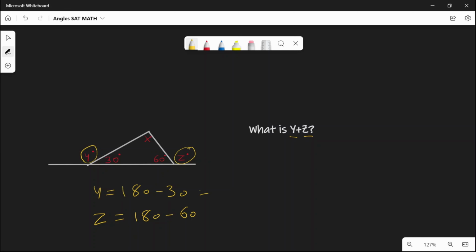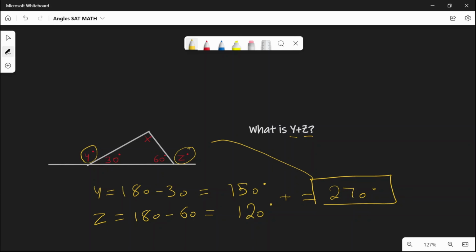So the value of angle y is equal to 150 degrees, and the value of angle z is equal to 120 degrees. If we add both of them, we will get 270 degrees, and that will be the answer to this question.